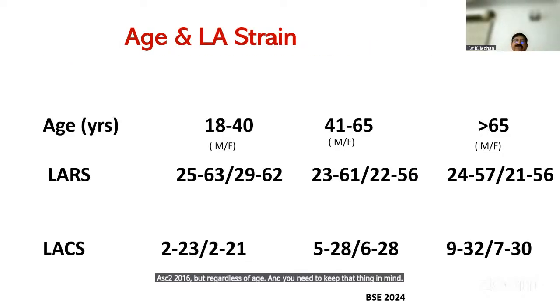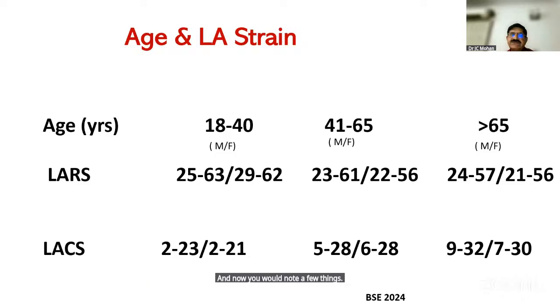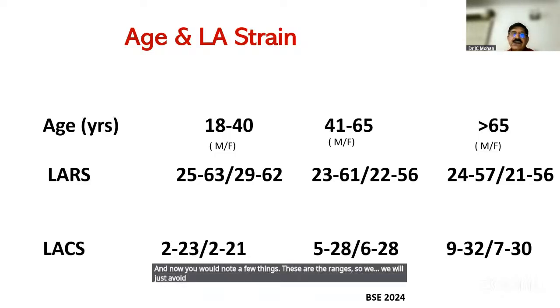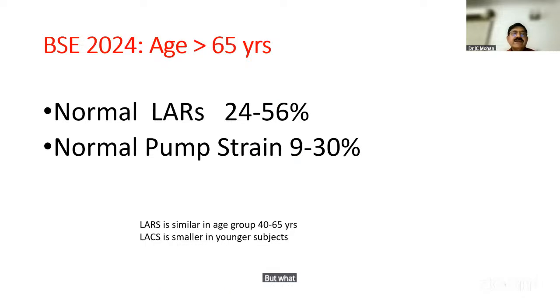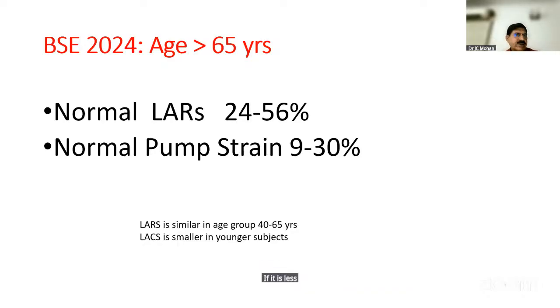Now, the left atrial strain was more nuanced in British Society Echo guidelines, but they also had left atrial contractile strain shown at the bottom. And now you would note a few things. These are the ranges, so we will just avoid talking about the ranges. But what was important was that the British Society of Echo said that above the age of 65 years, normal reservoir strain is between 24 to 56. If it is less than 24, it is abnormal.